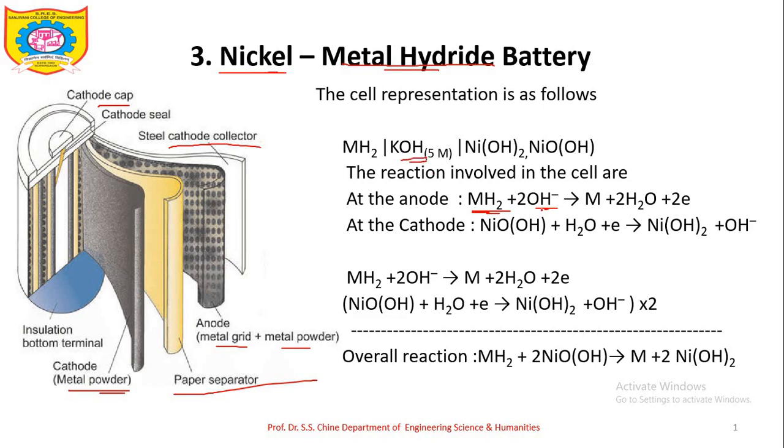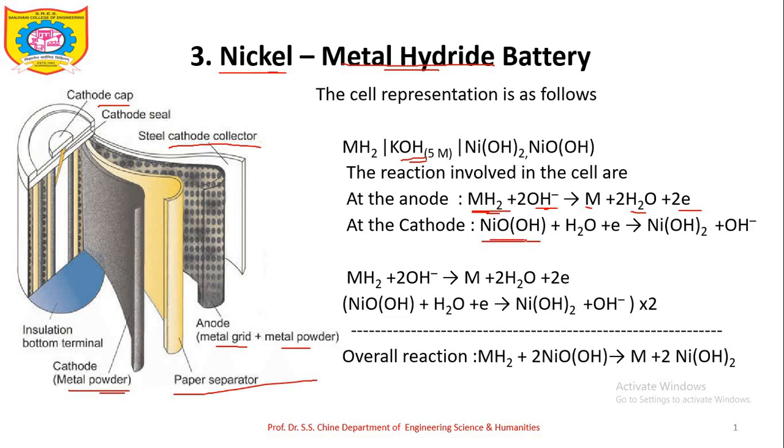So this OH minus is from the electrolyte. Then formation of this metal plus H2O plus 2 electrons. So what will happen? Metal hydride converts into the metal, and OH minus converts into the H2O plus 2 electrons.